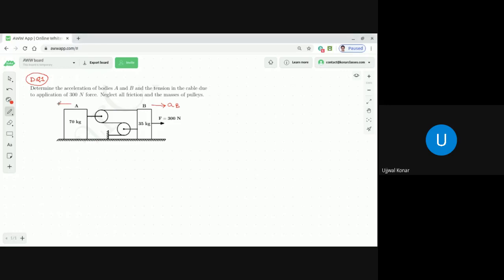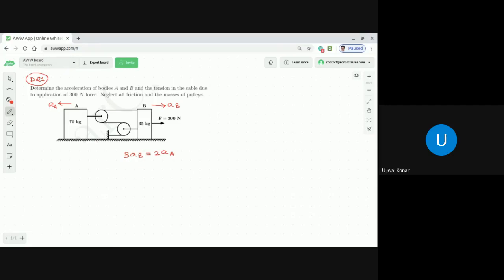I'm writing AA, subscript capital A, for acceleration of block A. Now, what is the constraint relation? If you apply the constraint relation, 3 into AB is equal to 2 into AA.